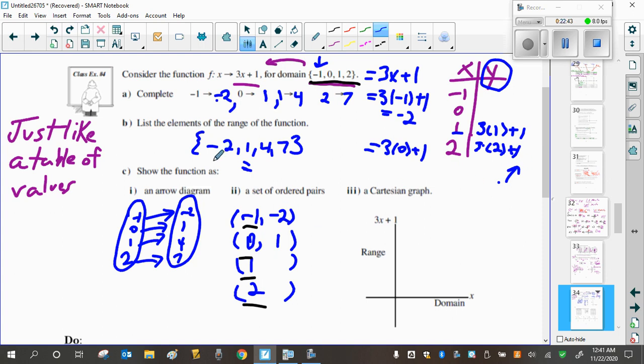So -2, 1, 4, 7. Those are my ordered pairs. How do you graph them? Well, you graph them just like you would: -1, -2, then 0, 1 up, 1, 4 up, just approximately, and then 2, 7 up, something like that.